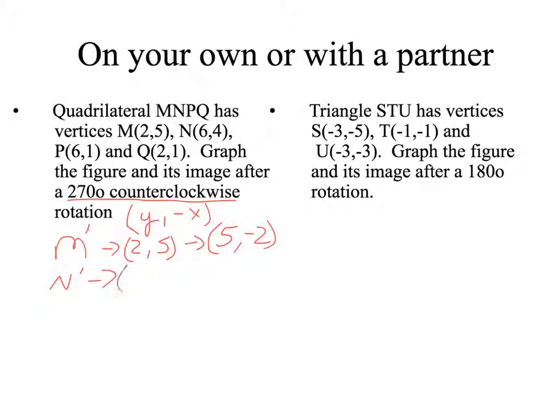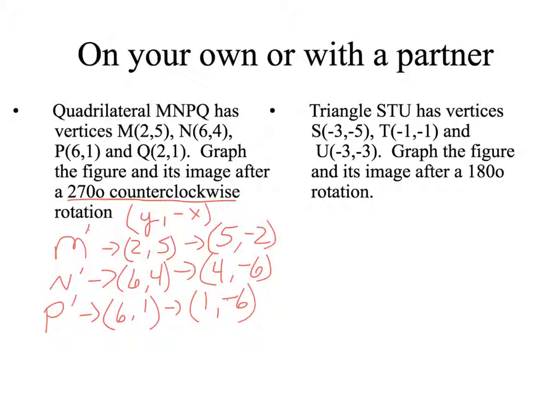N prime started at 6, 4. It's going to switch and become 4, negative 6. P prime was at 6, 1. It's going to switch and become 1, negative 6. And Q prime was 2, 1. It's going to switch and become 1, negative 2.